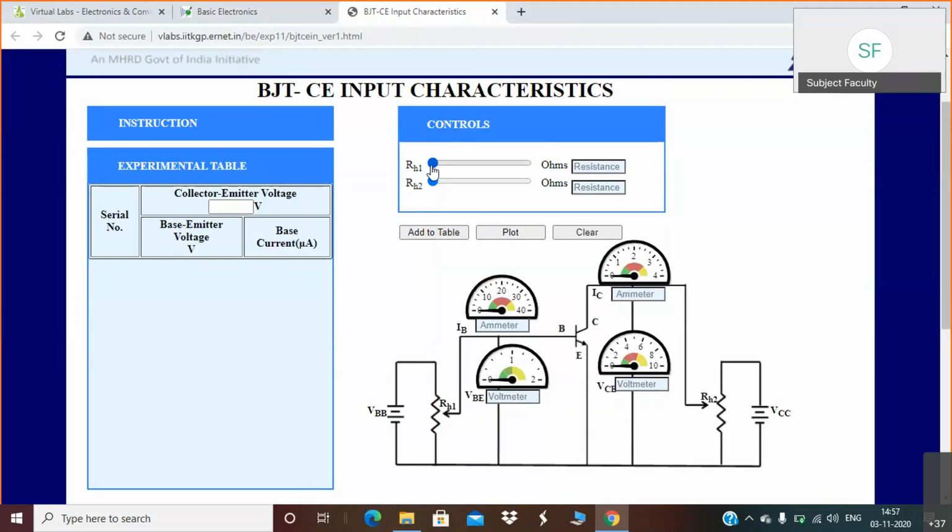Now observe what is happening here. Whenever I am varying this RH1, you can observe the input characteristics or the input readings are varying. I hope it is visible. Varying this knob, the output characteristics are varying.